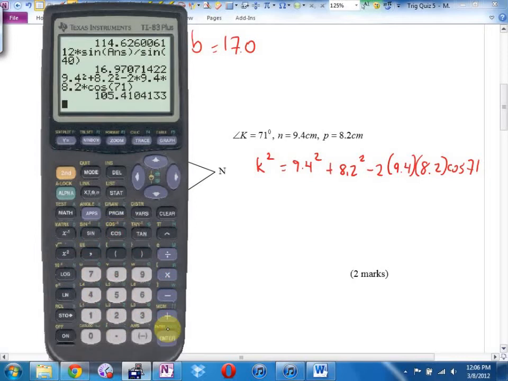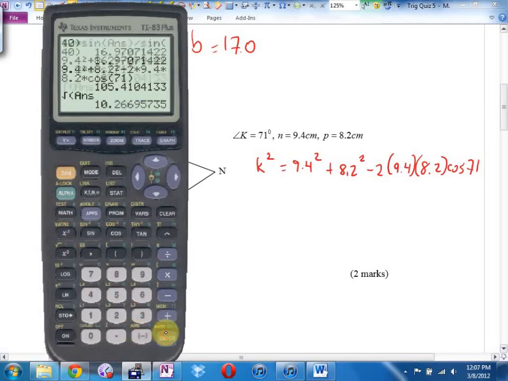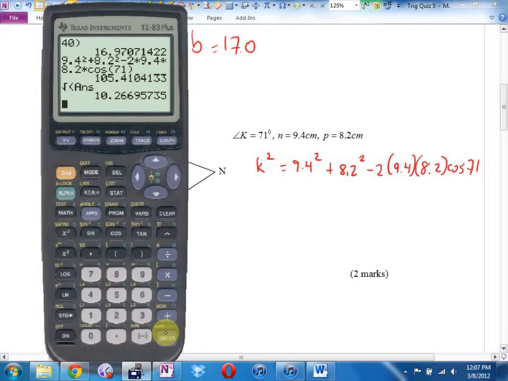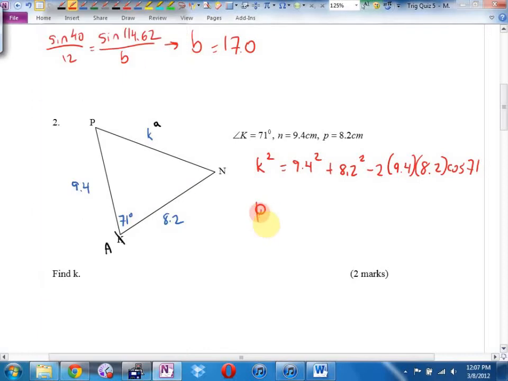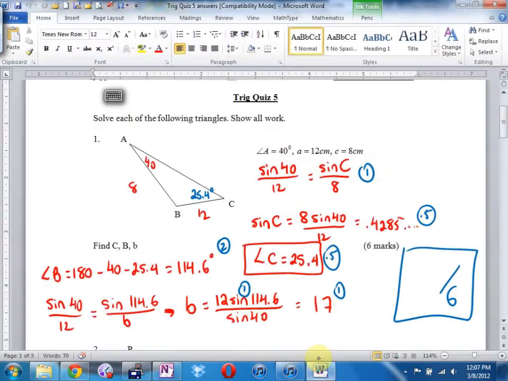What do I have to remember to do now? Square root. I always forget to do that, and I always think the answer seems way too big. 10.2669, 10.3, 10.27, whatever. Is that right? How did I give part marks out on this one?